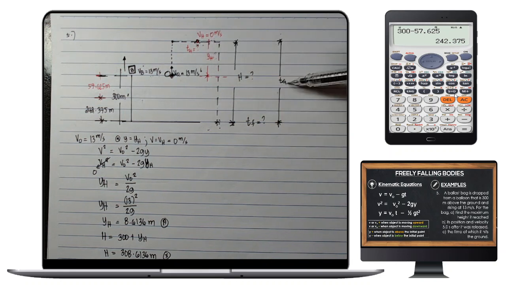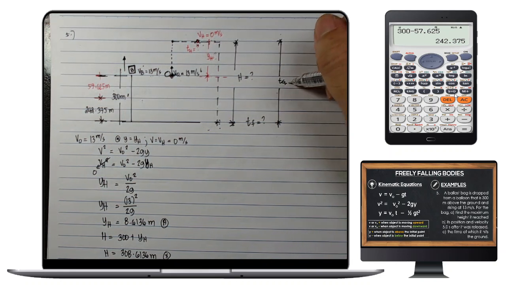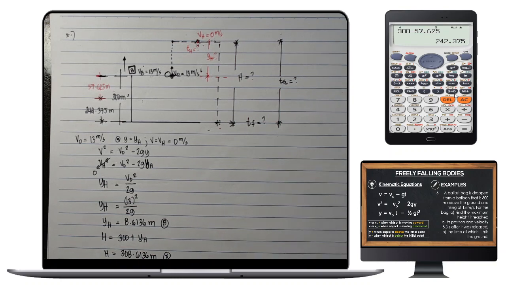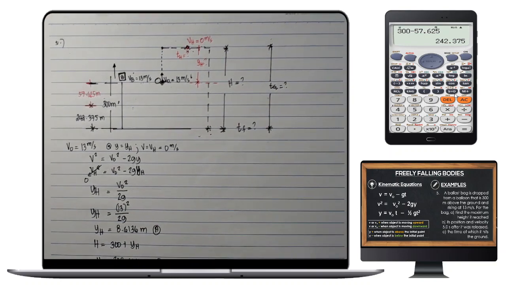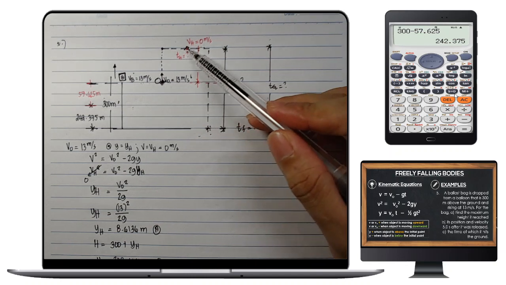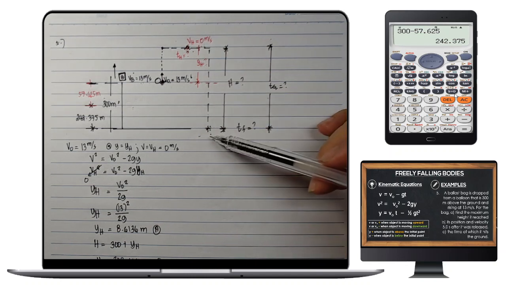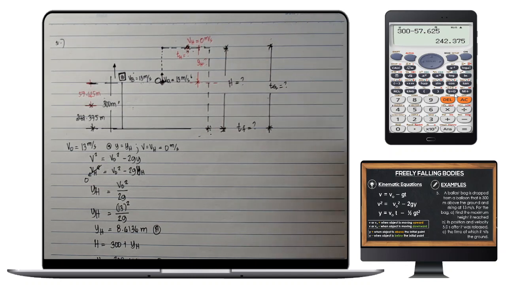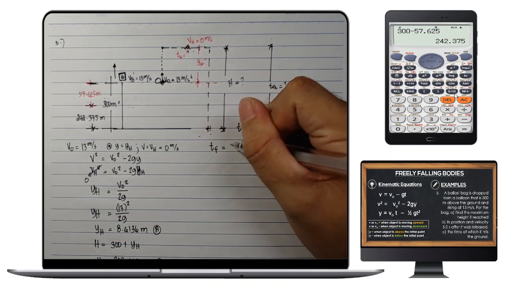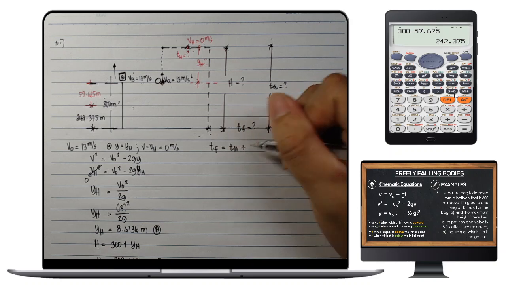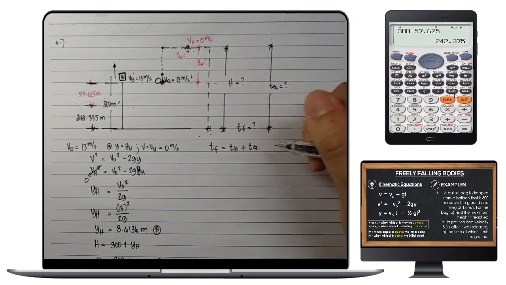Then, yung T sub g natin is from maximum height going downward. Then, T sub f is our time of flight, which is the sum of the time to reach the maximum height and from maximum height going to the ground. Okay, so let's form the equation. T sub f is equal to T sub h plus T sub g.